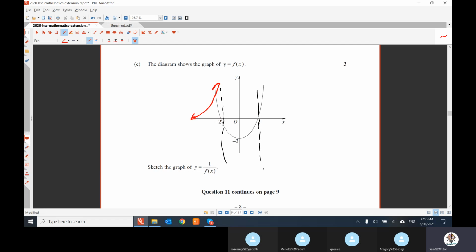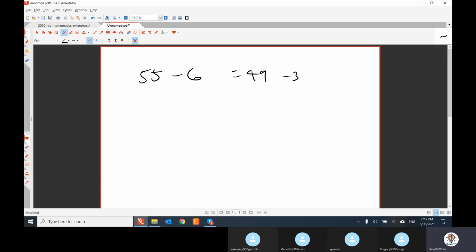So we know over here is going to look something like this. And where do you think the third mark comes in? Minus 1 on 3. Very good. Minus 1 on 3, 3 marks. We're at 49 minus 3. We're at 46.